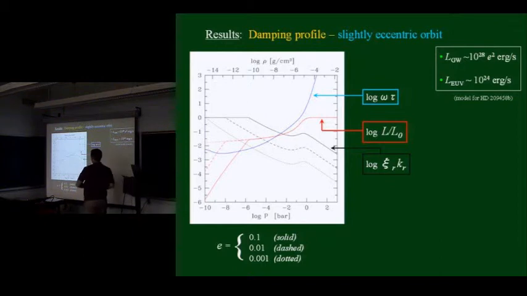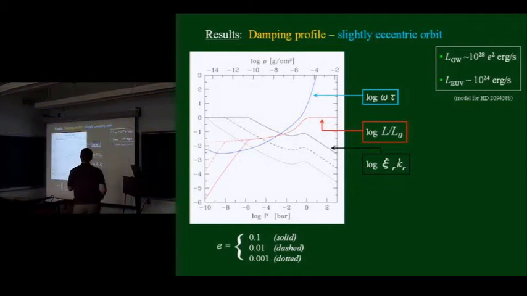What you take away from here is that the radiative damping prior to hitting the nonlinear regime is relatively modest, a factor of 100. So if the eccentricity is 0.01, then you've initially got 10 to the 24 ergs per second, you lose about a factor of 100 of this, and you get 10 to the 22 versus 10 to the 24, as you get up here.